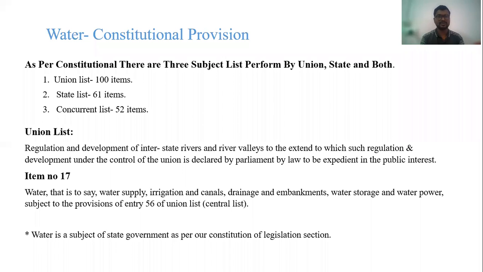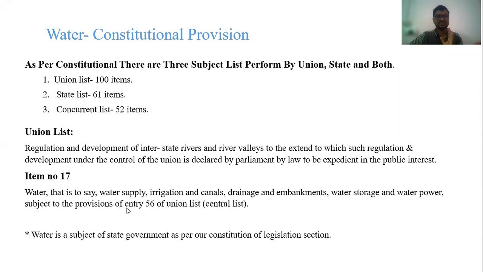म्हणजे हे जे काय आहे पार्लमेंट मध्ये जे काही रूल्स पास केलेत युनियन लिस्ट त्याच्यामध्ये येतं. Item number 17 is about water, that is water supply, irrigation and canals, drainage and embankments. म्हणजे याच्या अंडर कोण कोण येते बघा आयटम नंबर 17 च्या अंडर. So water supply, irrigation, canals, drainage and embankments, water storage structures, water power stations.